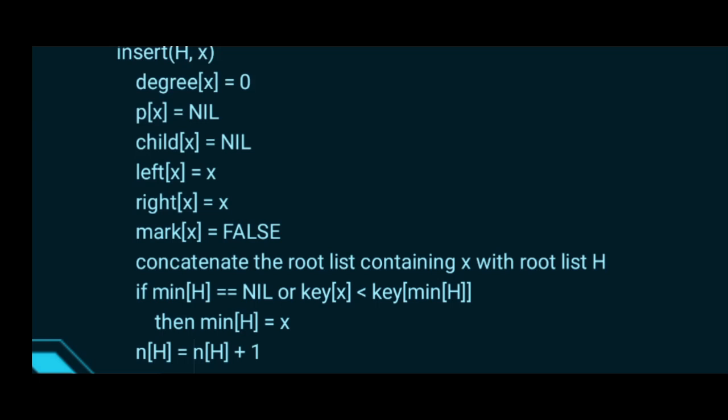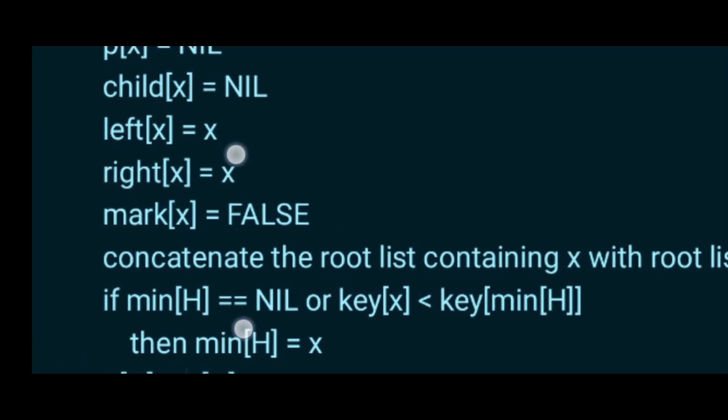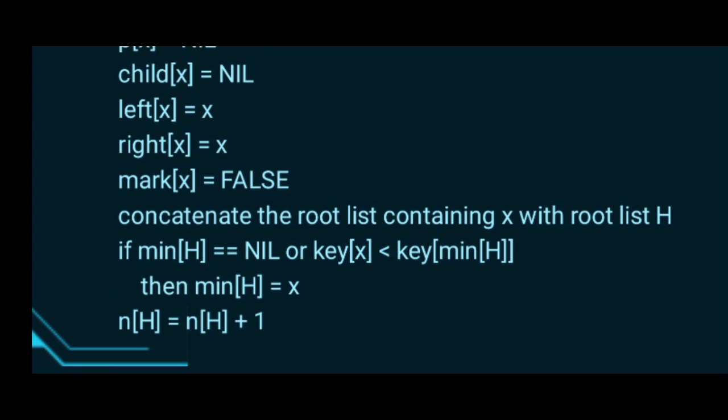Next is minimum update. You can see that in here, if min[H] equals nil or key[x] is lesser than key[min[H]], then min[H] equals x. So if yung heap H natin is empty, then the new node x ang magiging minimum node.